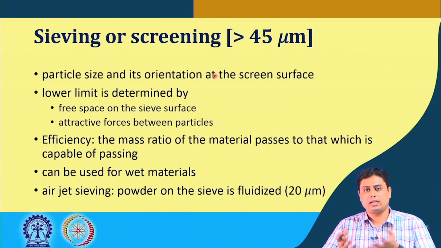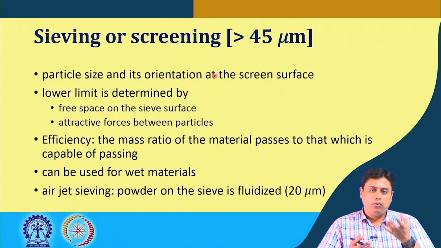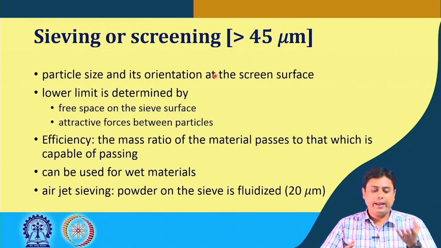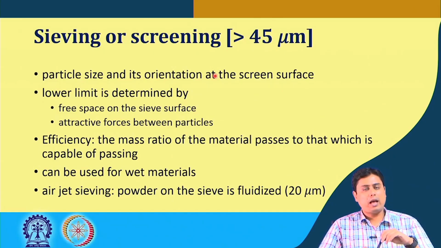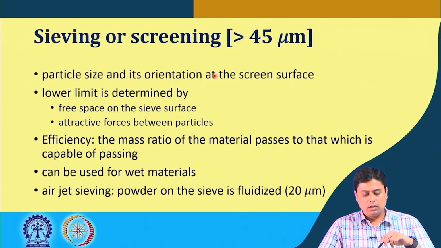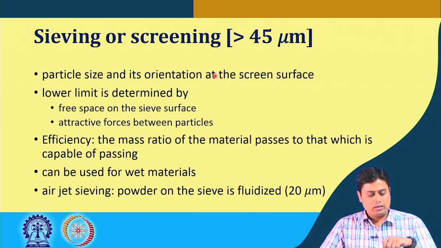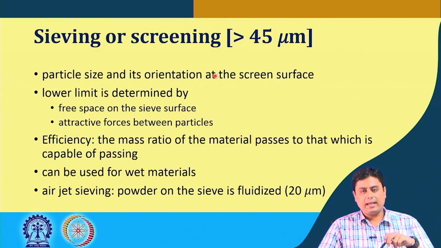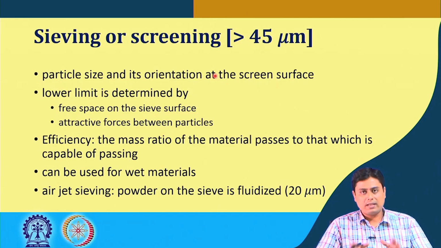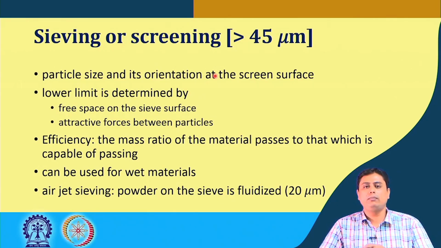So, the powder becomes suspended and it flows through the smaller aperture, and by this kind of wet technique, even though in the heading I mentioned that sieving or screening operations are typically applied for sizes of more than 45 micron, by wet screening or this air jet sieving, the particle size also can be separated till 20 micron, or we can, once I say that this is particle size separated for 20 micron, that means for 20 micron particles we can identify the size range.